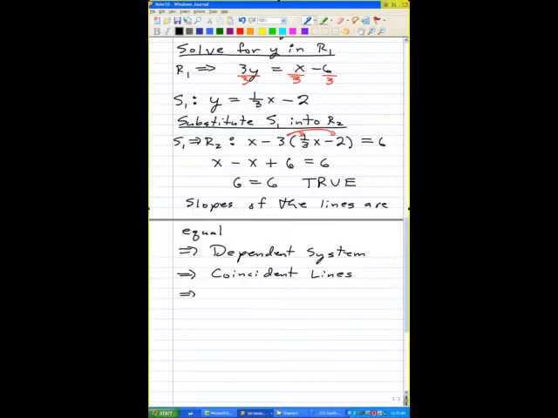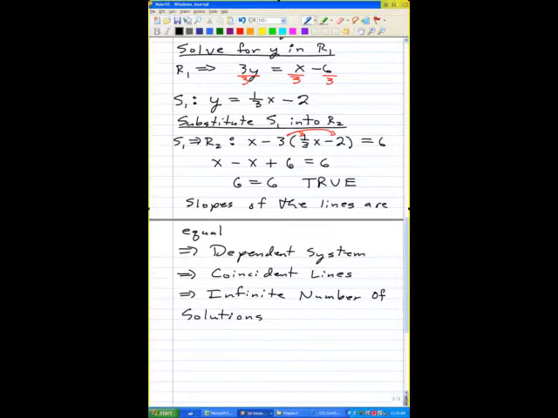It turns out that there is an infinite number of solutions for this system of linear equations. Well, let's figure out what it is.